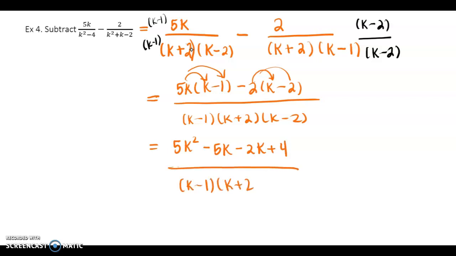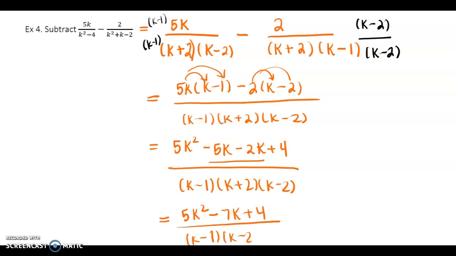Rewrite this again. And then the minus 5 and minus 2, we could simplify that. So this would be 5k squared minus 7k plus 4 all over this. And that would be our answer.